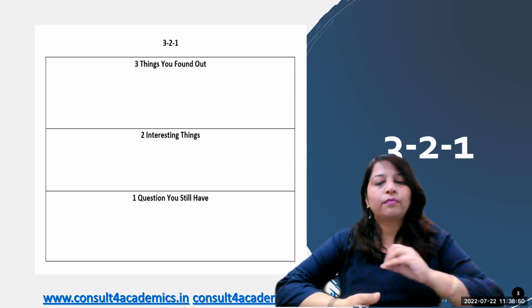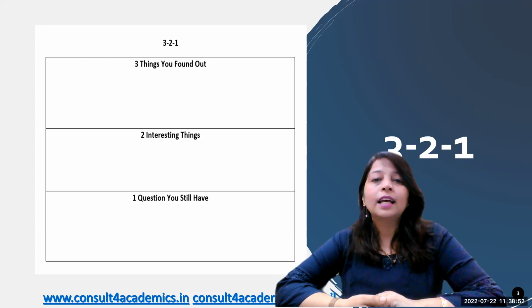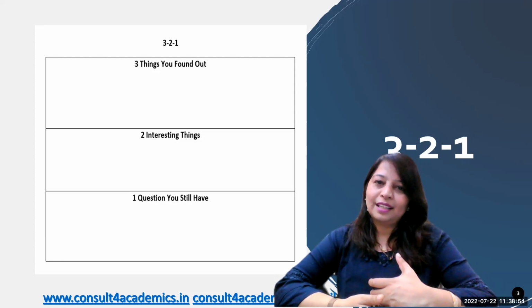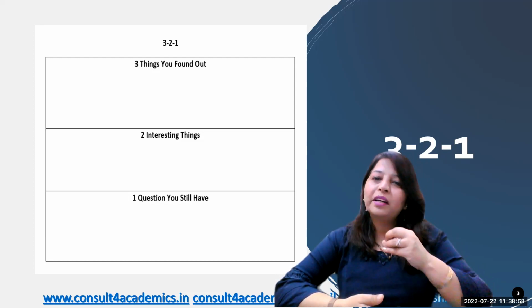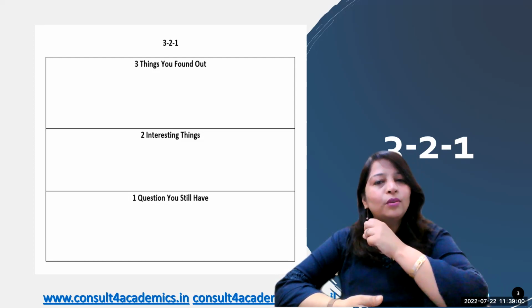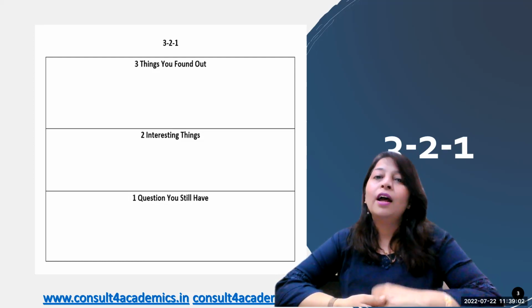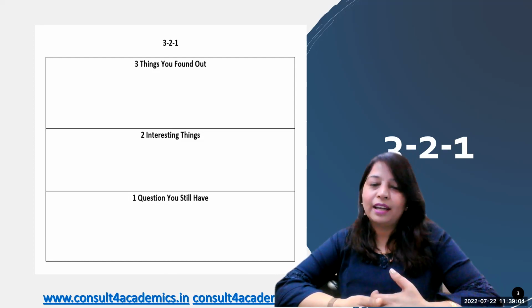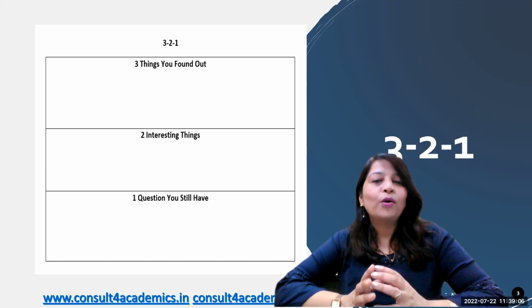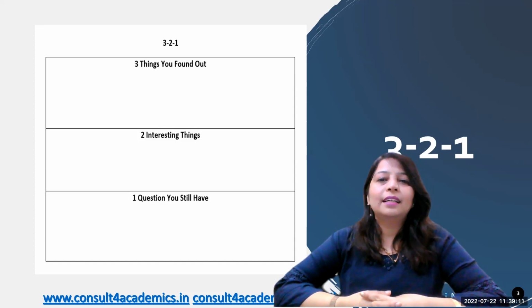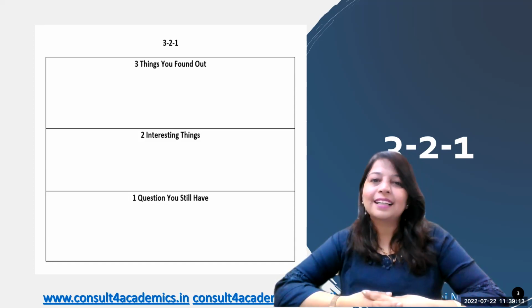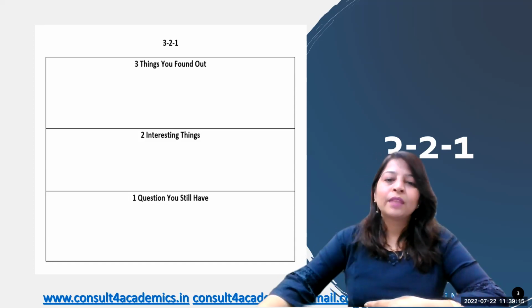You may ask your students, out of the 3 topics that we have discussed today that you remember that you have learned, 2 were interesting, and what is the 1 thing that you are really going to implement from today onwards, from day 1. So this is how you will be able to tweak as per your requirements. This can be used as an exit ticket activity as well in the classes.